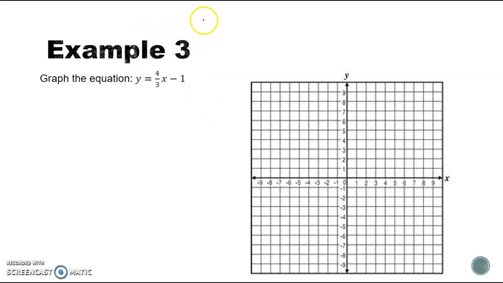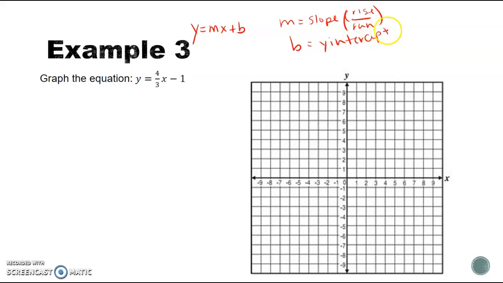Well, we know that slope-intercept form is y equals mx plus b, where m is our slope, which means our rise over run, and b is our y-intercept, which is where we cross the y-axis. What always helps me when I go to graph equations is to tell myself what m is and what b is.